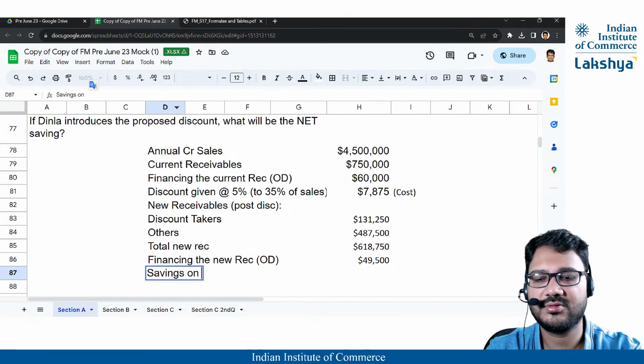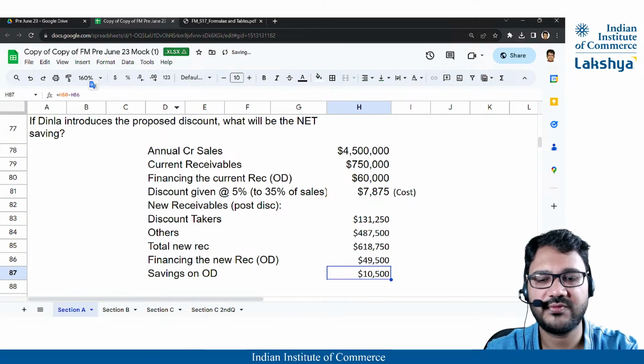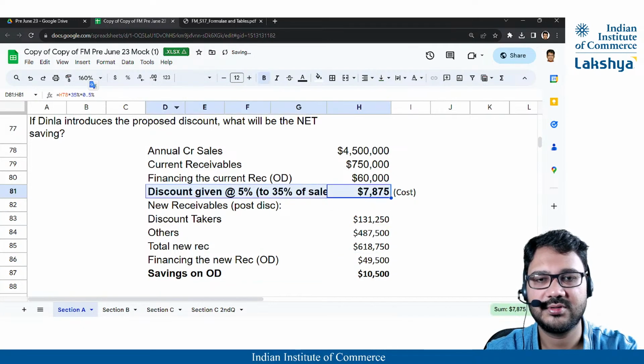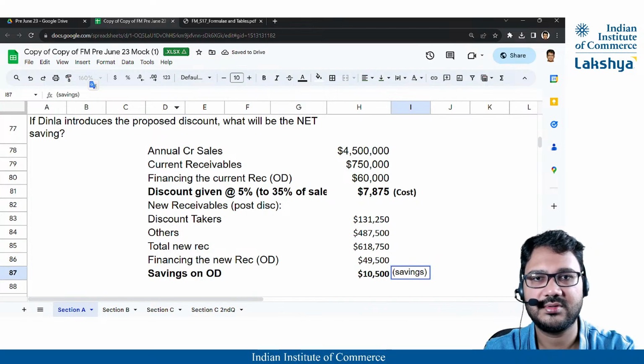Savings on the overdraft facility: initially this minus the financing cost over here. So 10,500 is our savings over here. Let me just make it bold. This is our savings, that is, benefits.